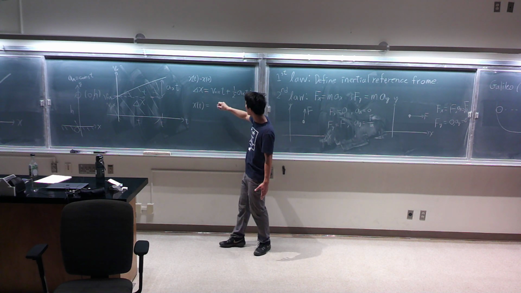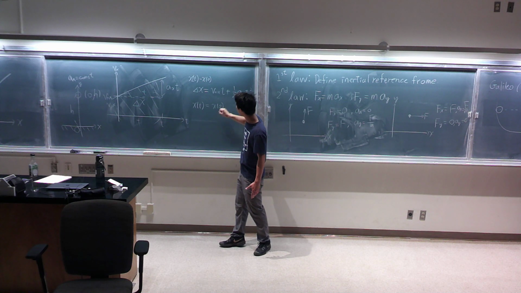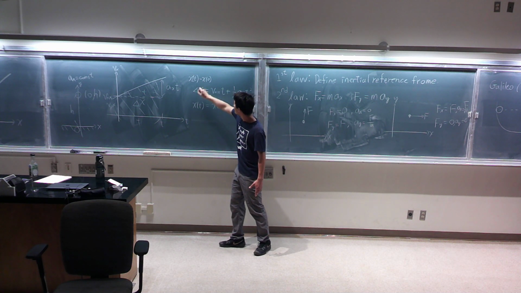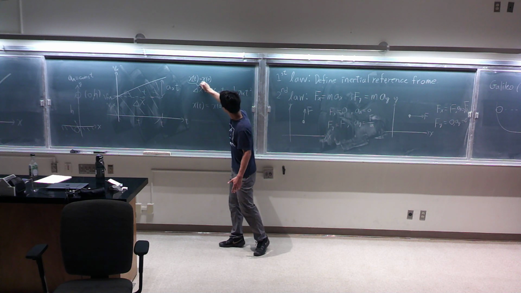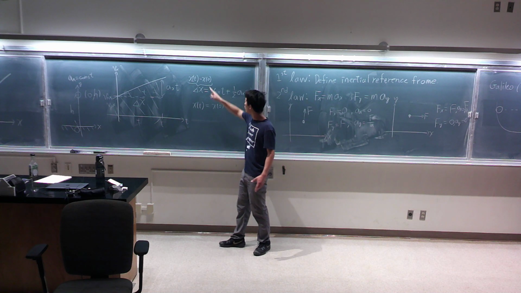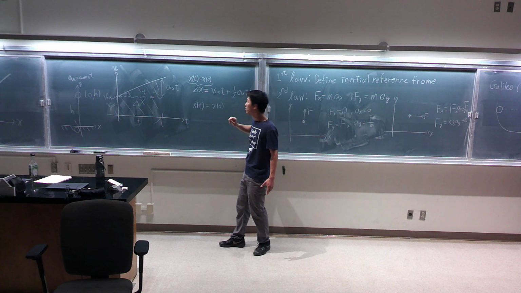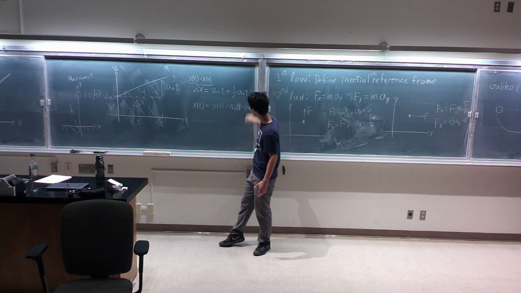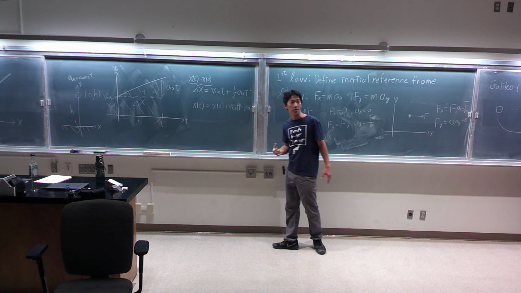So in this equation, t1 is 0, which is the initial time. Delta x is the current position minus the initial position. So if you move it to the other side of the equation, you get a plus sign. And this is how you get the position of an object in your frame if it has a constant acceleration.